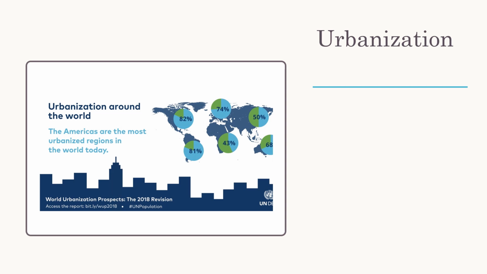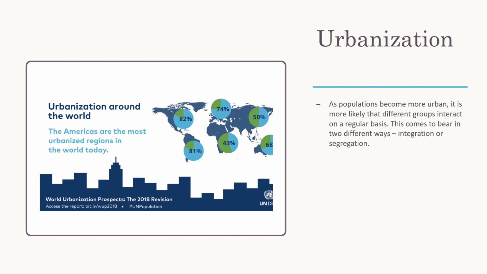So when we think about each of these constructs, urbanization, typically what happens with urbanization is that people are going to have interactions with different groups on a more regular basis. And when this happens, we have two different kinds of responses. We have integration of populations and acceptance of people based on gender norms, racial differences, heterosexuality or homosexuality, or we have segregation, where people are not accepting of those differences.